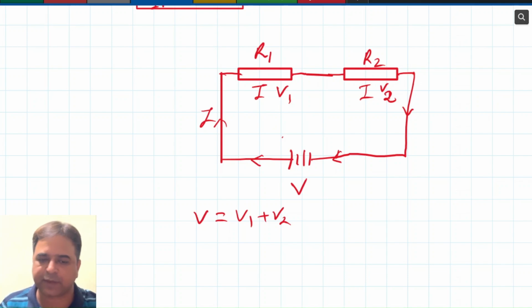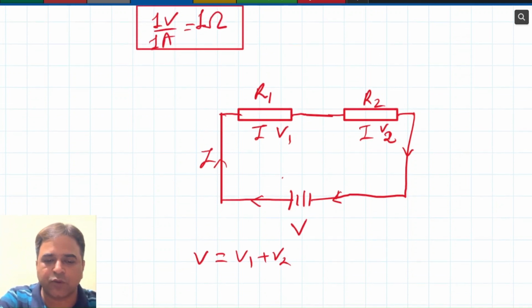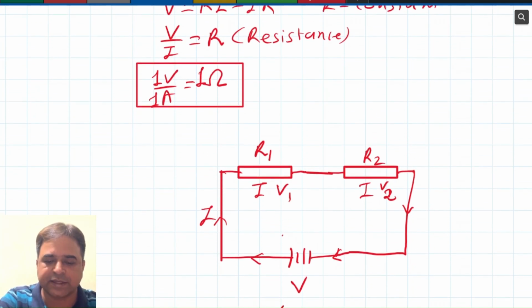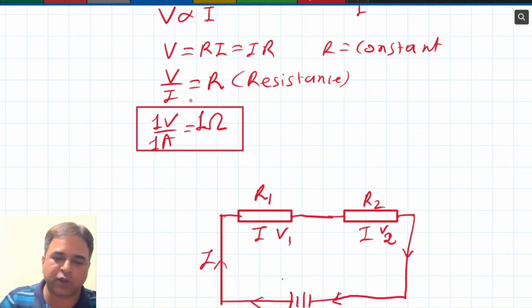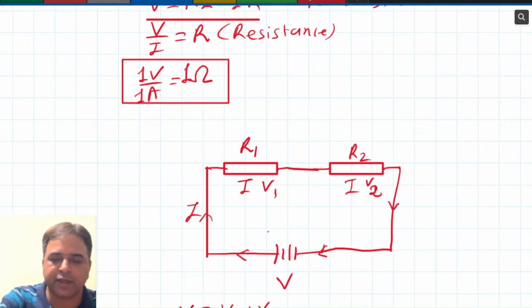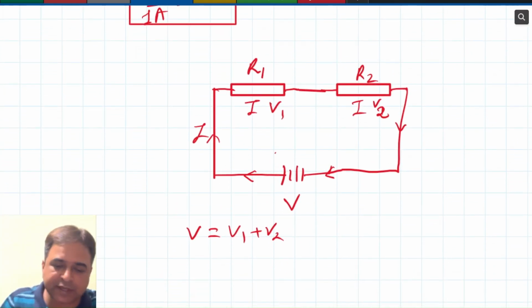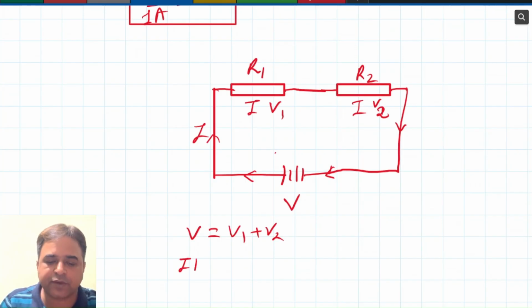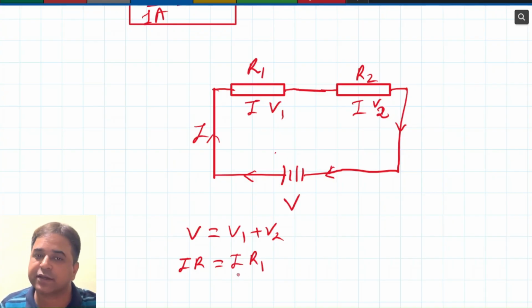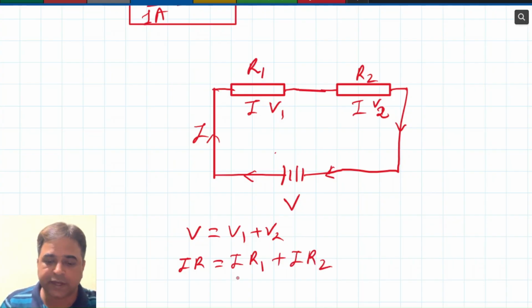which will be equivalent to the amount of potential difference provided by this power supply. Now, according to Ohm's law, what we had discussed, V is equal to IR. So now, in place of V, I put IR, and instead of V1, I will put IR1, because electric current is same. Same way, V2 will be IR2. Now, I is common in both of them.